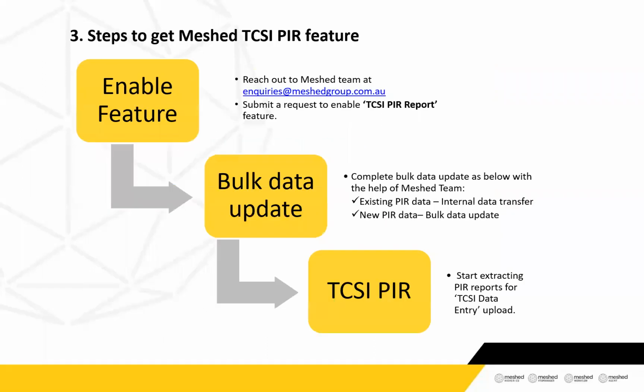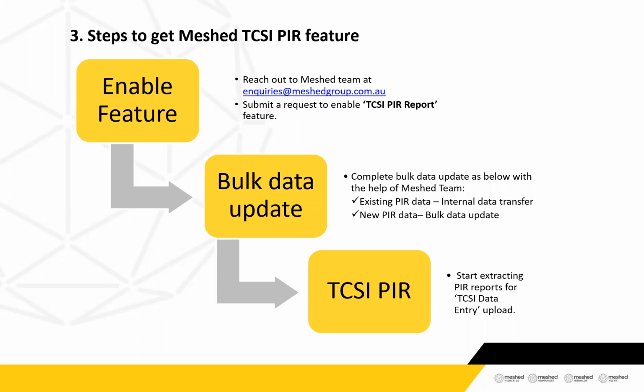Okay. So let's go to the next one, which is the steps to get this Mesh TCSI PIR feature on your platform. Now, why do you have to follow these steps? The reason is, if you follow these steps, it will help us assist the transition completely as well as correctly, because there are a few steps involved before this feature is enabled on your platform.